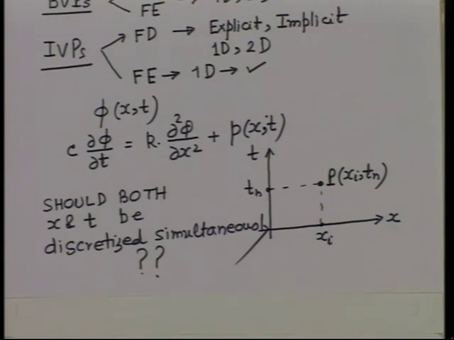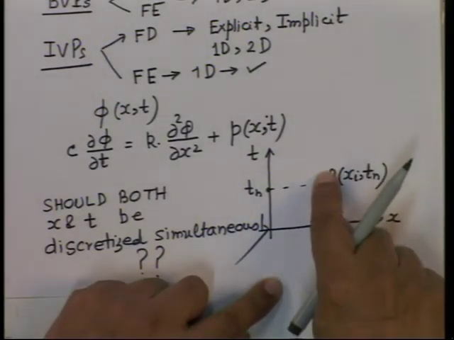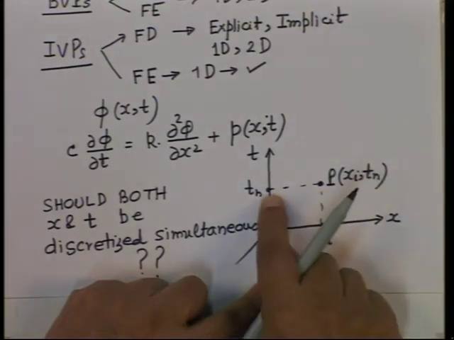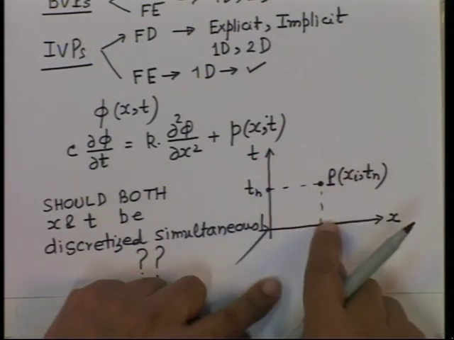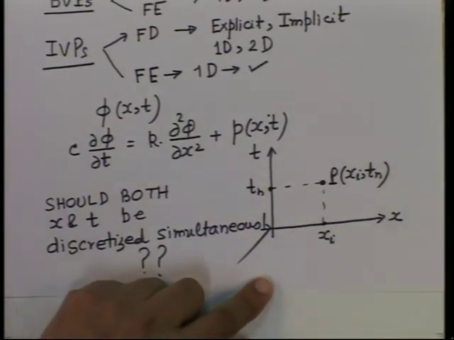We saw it also; I think I have shown you that it is not necessary to discretize both simultaneously. I will write my equation only at x i and let t be a continuous function. I will not write at t n, and then we get an ordinary differential equation in t. That is another approach for solving the initial value problem, because there you can use your ODEs.